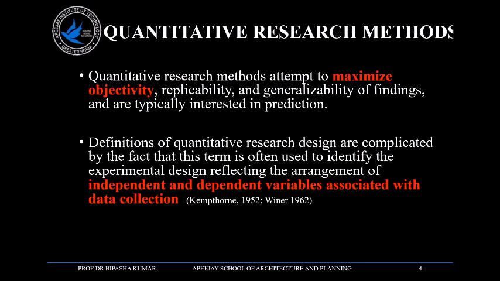So here you see the two main variables, the independent and the dependent, which are normally used in an experiment. The dependent variable is that variable which is being tested and measured in scientific research. So this is more of objective answers which we get from a research. In architecture, we may not use the quantitative research method.